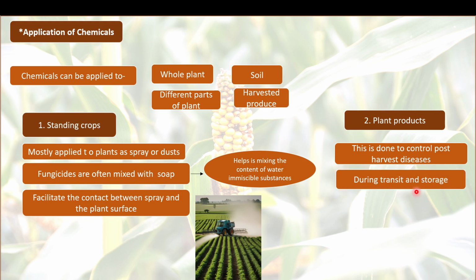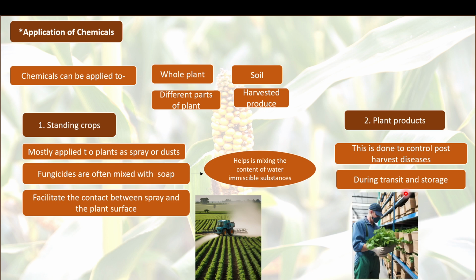During transit and storage, for example fruits are produced and taken from the production site to the marketing site. So during storage and transit, plant products have to be saved from diseases properly.